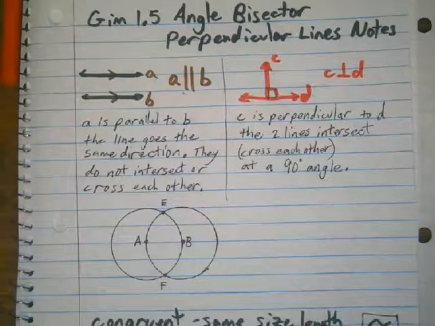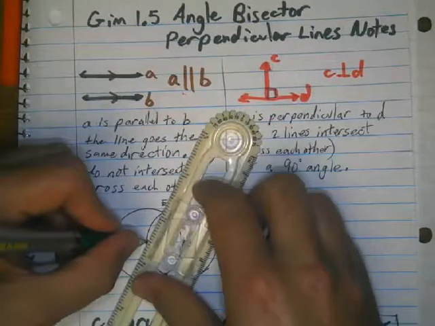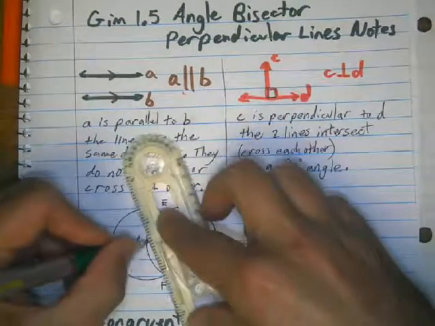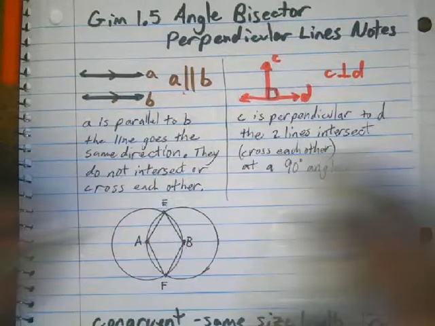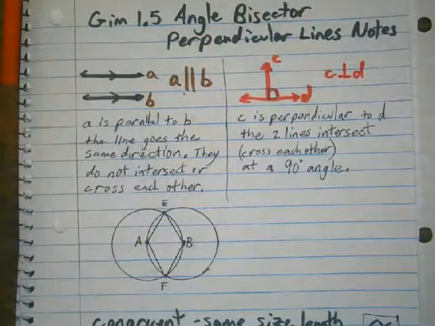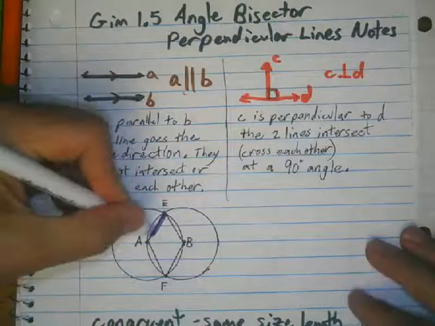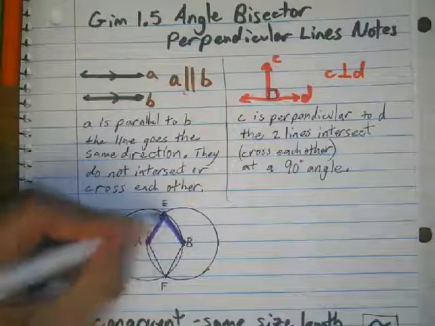Okay, so if I was to draw a line from A to E, and E to B, and A to F, and F to B, well, we know that from E to A, that is the radius of that circle, and E to B is the radius of that circle.